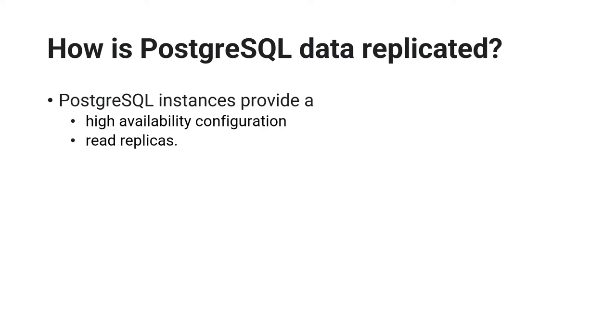You also have the flexibility of creating read replicas in case you want your application to be redirected to a PostgreSQL instance available in read mode. You can do that. Those features are available in the managed instance of PostgreSQL for Google Cloud.